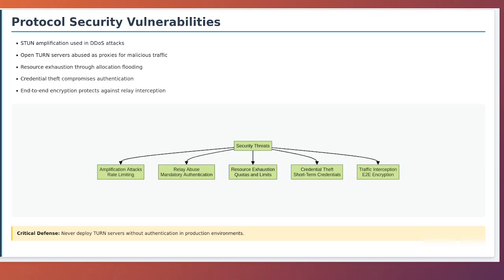Ensure that your authentication server uses HTTPS when issuing credentials to clients, and implement proper password hashing with salt if storing long-term credentials in a database. The TURN protocol's message integrity mechanism provides protection against tampering, but it doesn't encrypt the data being relayed.